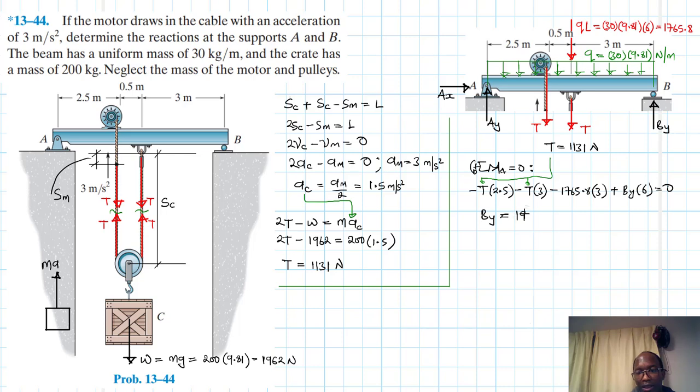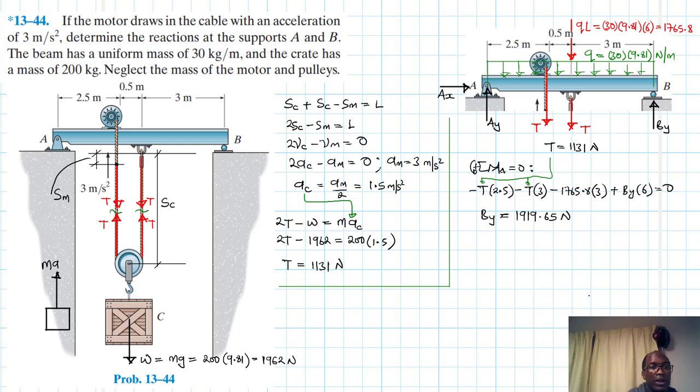So we have 1919.65. Let me check it: 1131 by 2.5, 1131 by 3, 1765.8 by 3, divided by 6, 1919.65. Right, so there we go.